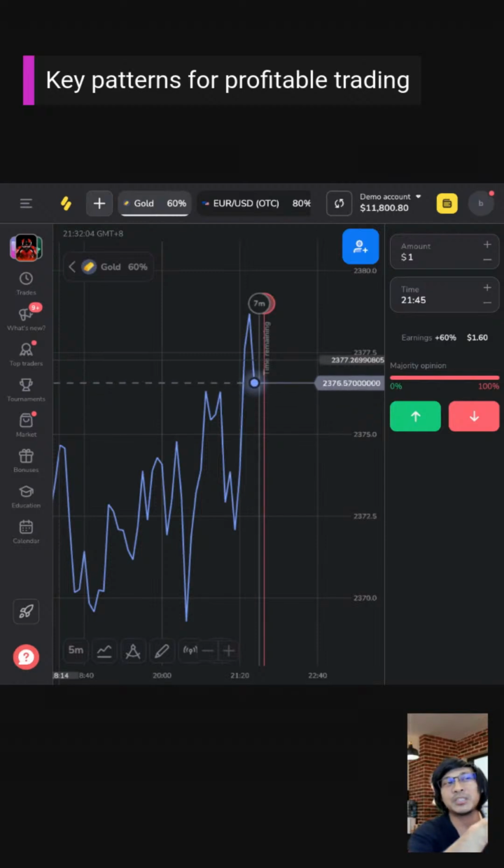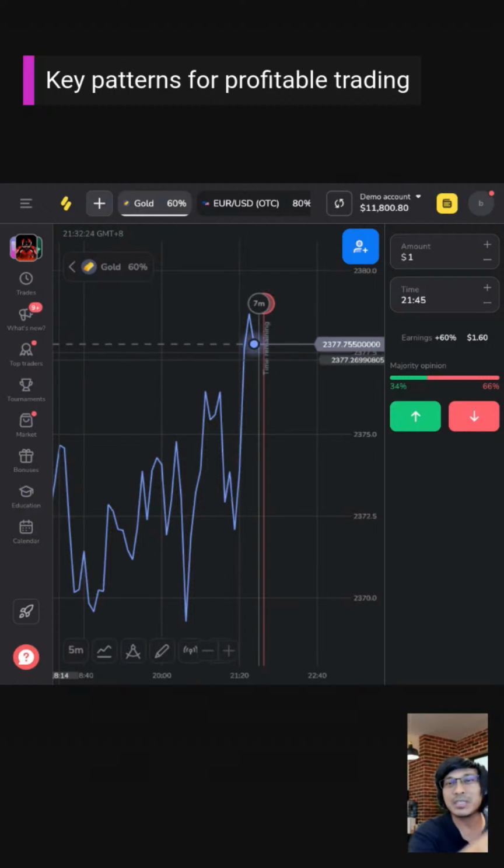Those are specific patterns. Even things like engulfing bars, hammers, doji, and others. But the group of patterns that you need to be aware of to be able to find profit opportunities is a group called reversal and continuation patterns.